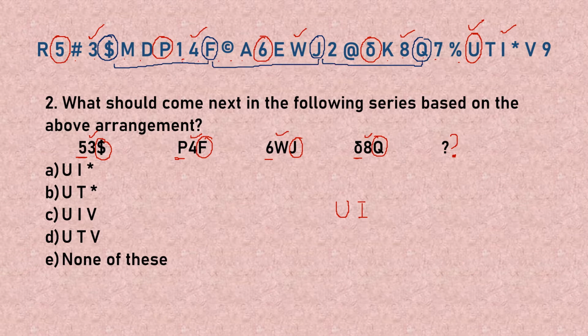We skip 5 elements and go to the sixth one: 1, 2, 3, 4, 5. And what is the sixth element here? Yes, it is the star sign. So the third element of our answer should be this symbol of a star. So UI star is our answer, and that is option A.